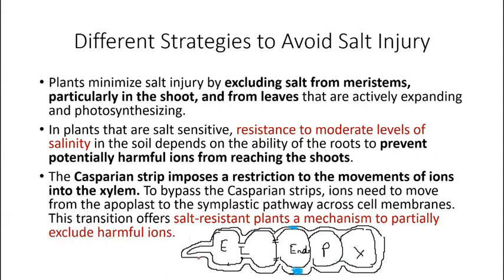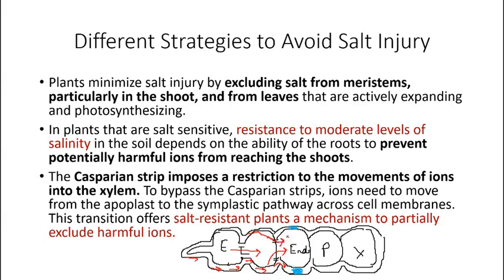Water will be transported through the cell wall, and also from cell to cell. But when they reach the endodermis, since the Casparian strip is present, which is water impermeable, they cannot pass through the endodermis. They have to enter the symplastic pathway.